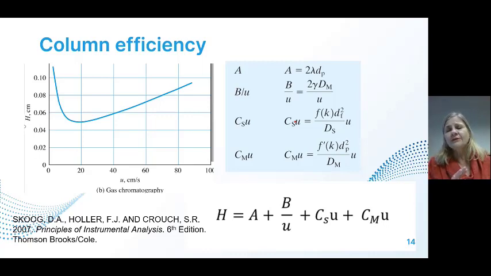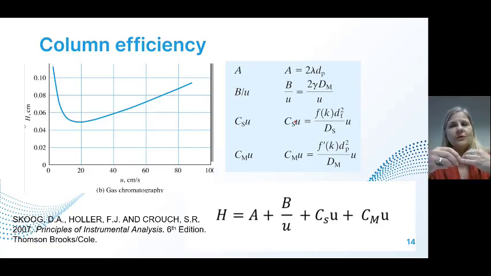Now, if you look at your van Deemter equation, you have your three terms, your A, B, and the two C terms. In the A term, what is important is the particle size, that's the dP value. In the B term, your flow rate plays a big role. And in the two C terms, that's your mass distribution terms.